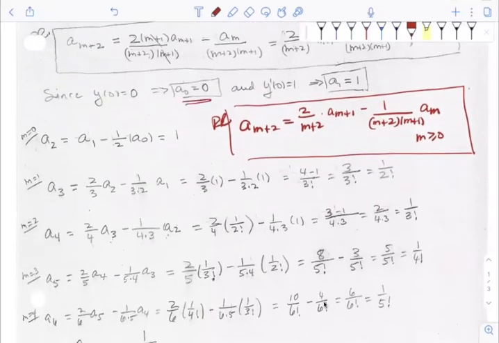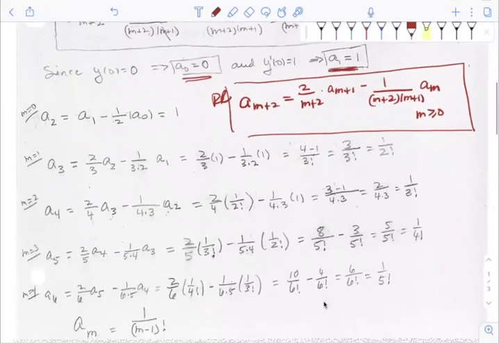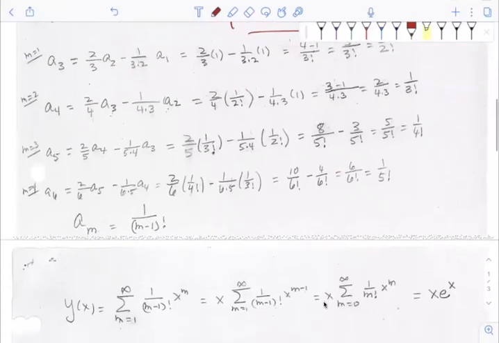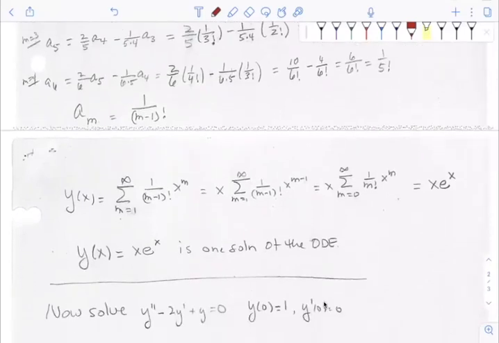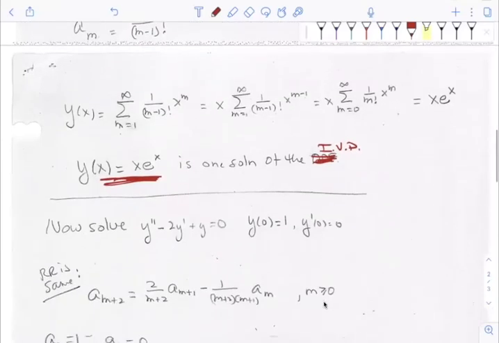So there you are. Here's your A0, here's your A1. Let's plug and chug through that recurrence relation. And I did this one in class. So we got to the point where we had, oh, look, x e to the x is a solution of this IVP. Okay, so that's one of them.